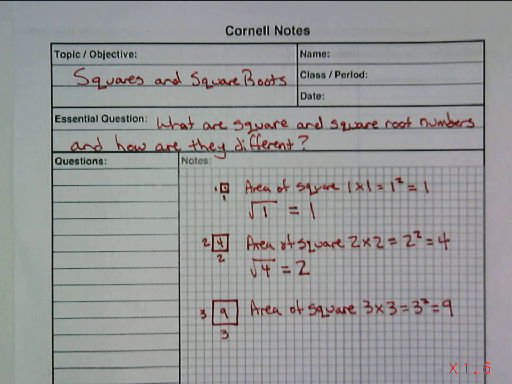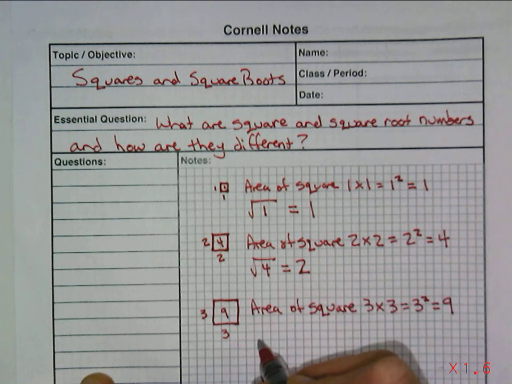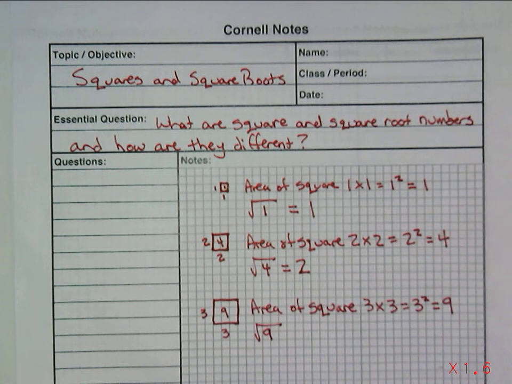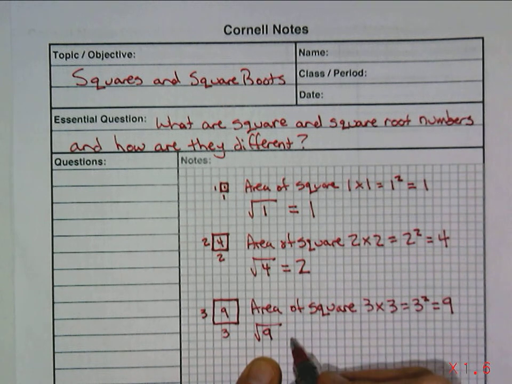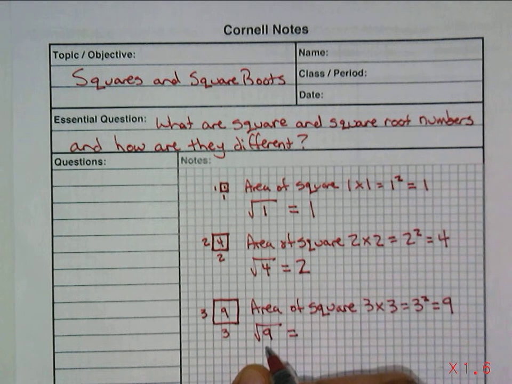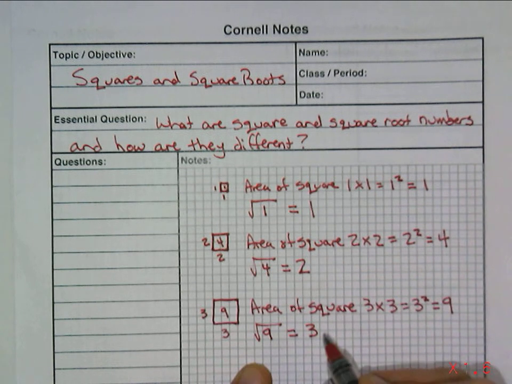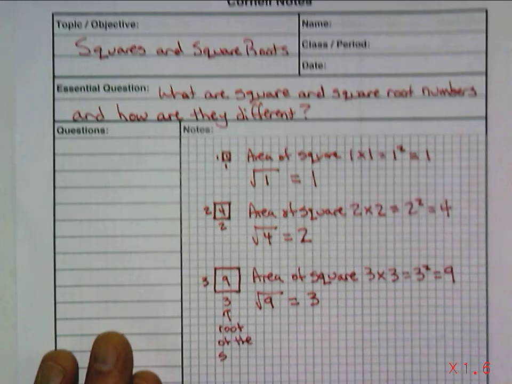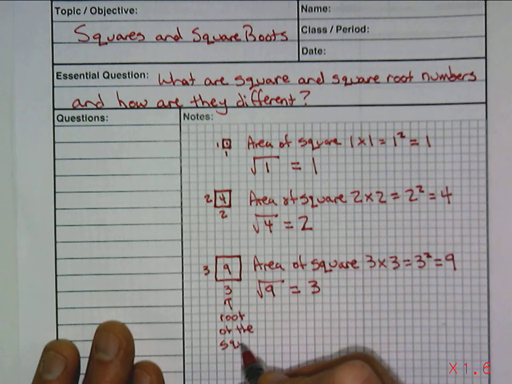So the whole idea of a square really literally comes from the idea of area and finding the area of squares. And the square root is the undoing of that, or if I had a square whose area was 9, what would its side lengths be? Well, it would be the square root of 9, or the root of the square whose area is 9.